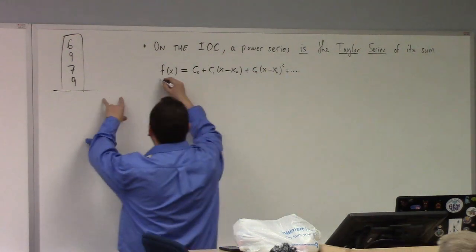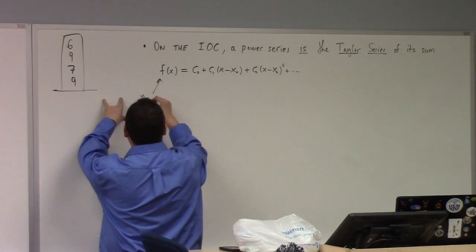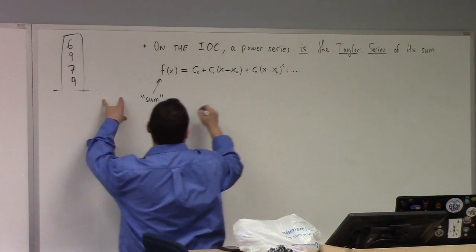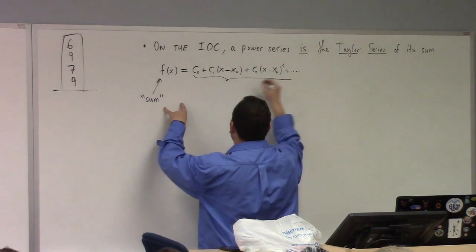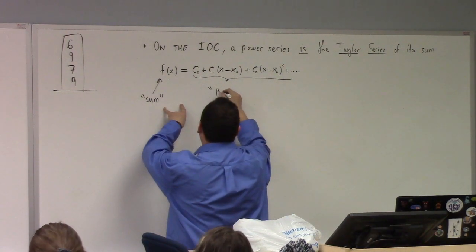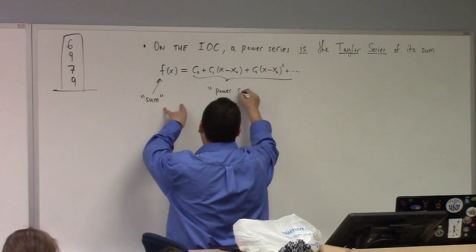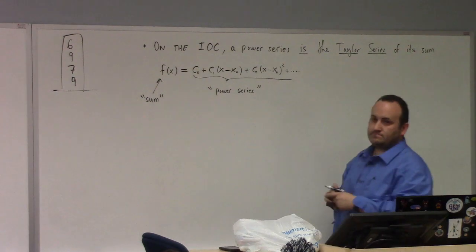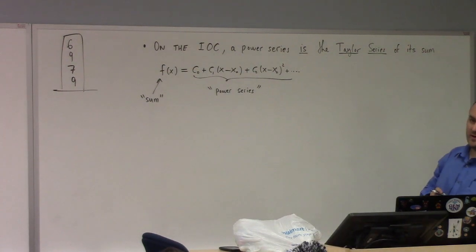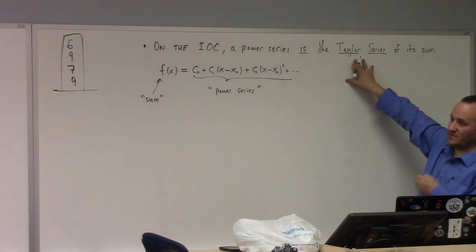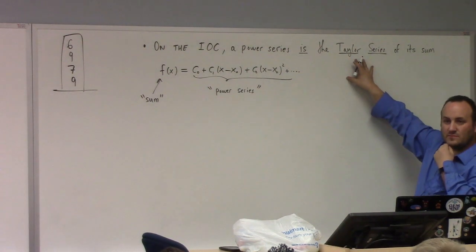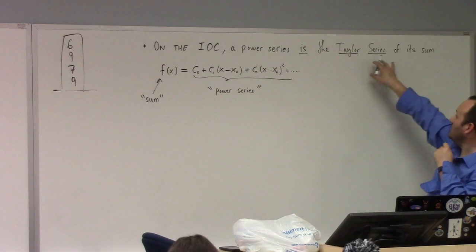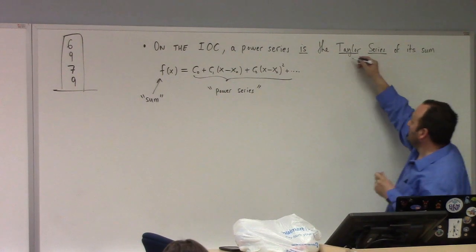This is the quote-unquote sum. This, of course, is the power series. All right? What is this Taylor series? What is the Taylor series? The Taylor series of its sum.